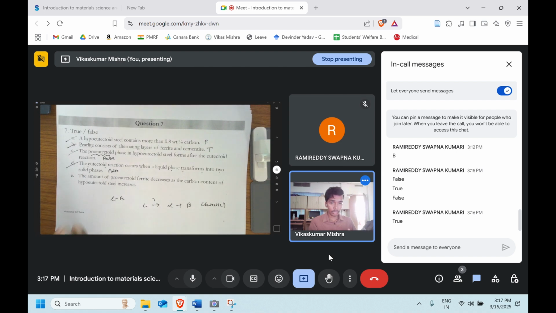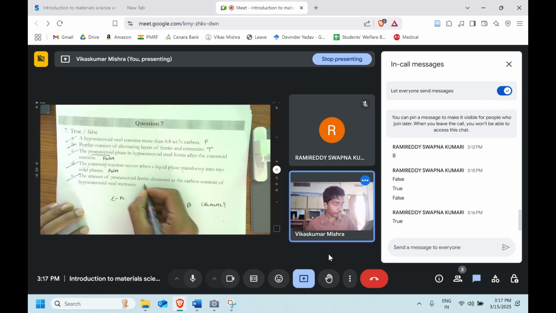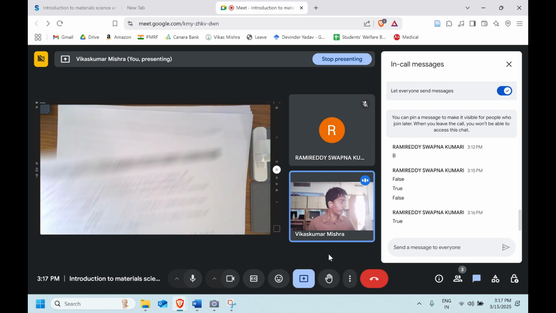Yes, because of the lever rule, from the lever rule we'll get that it will decrease only. Perfect. So again, this is true. So with that, we solve question number 7.